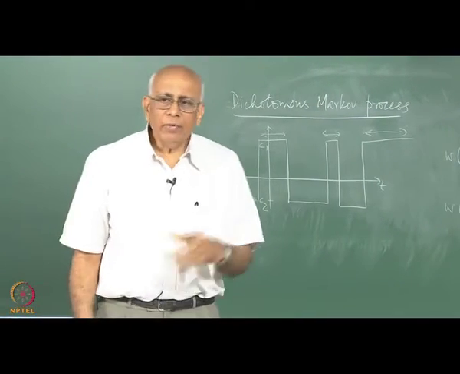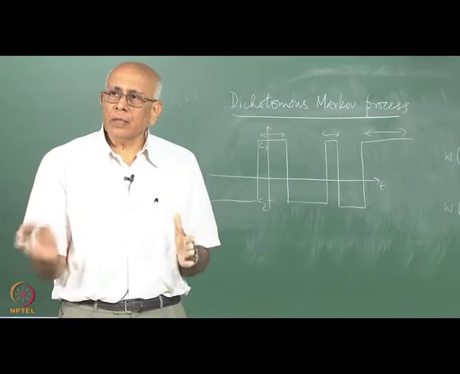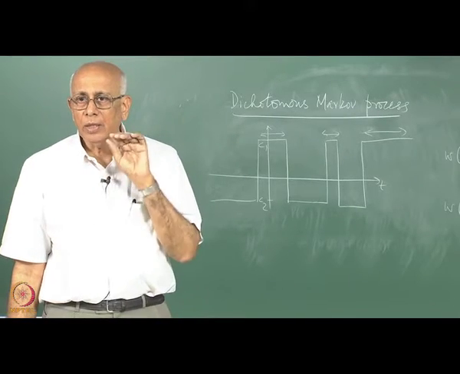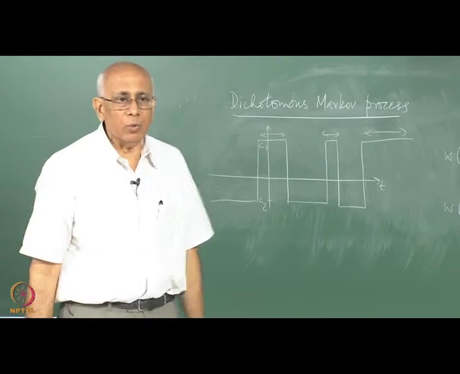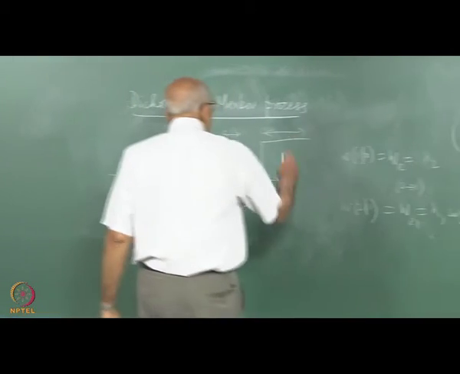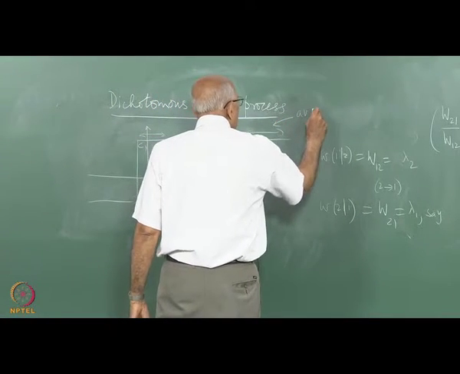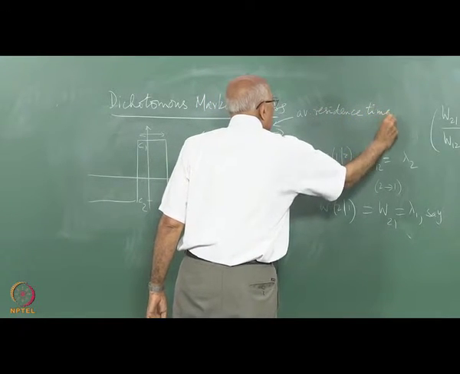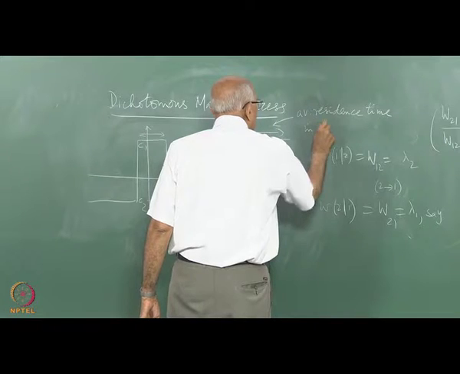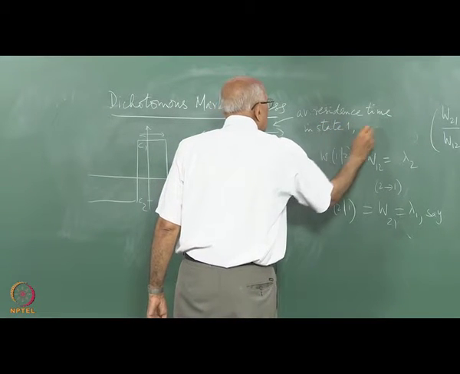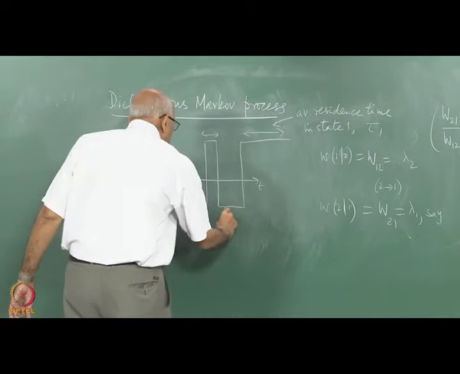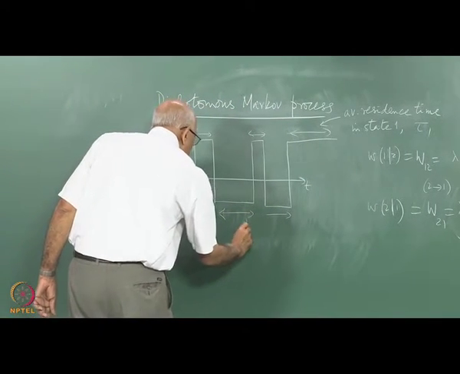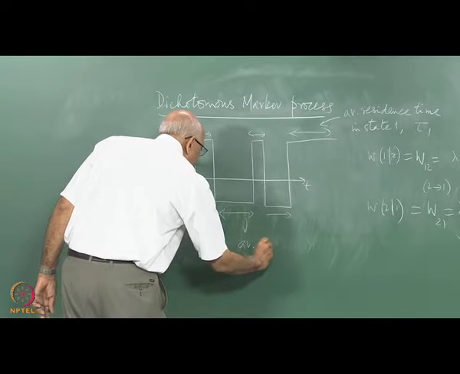So if you ask what is the average time it spends each time it reaches state 1, let us call it tau 1, the average residence in state 1, and similarly the average duration of a stay in state 2, let us call this average equal to tau 2.